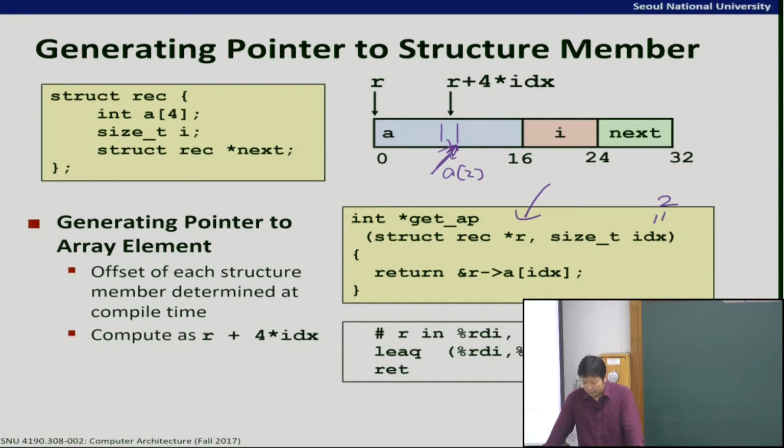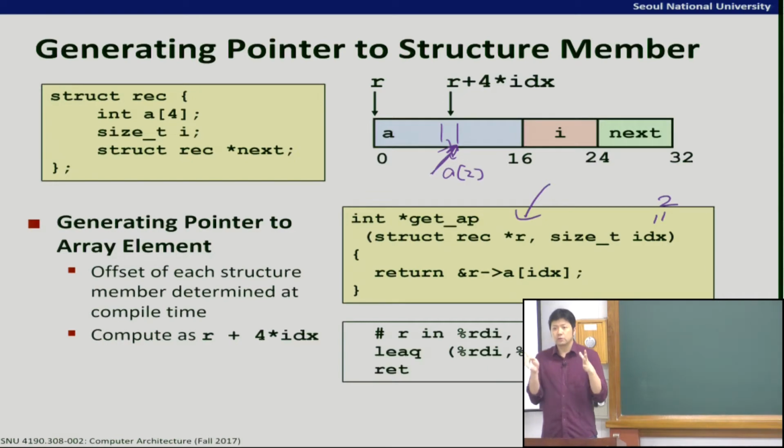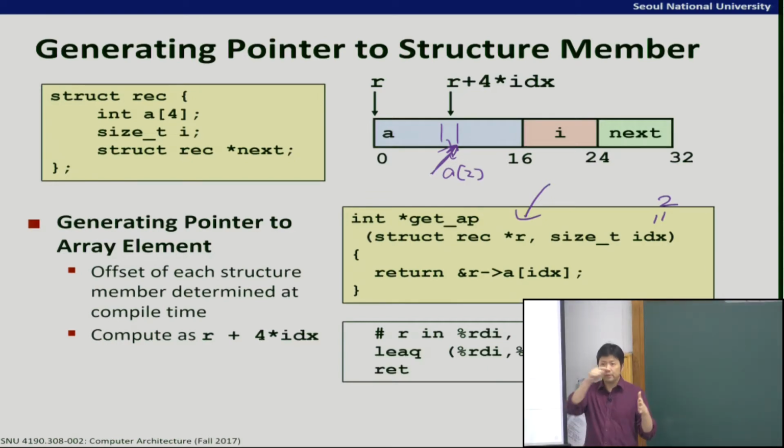Because the integer array is the first field, it will be placed at the top of the struct, and an individual integer value takes 4 bytes. If you want to access, for example, the second element in the array, you have to multiply the offset. The starting address will be +8 from the beginning of the struct, right? So that's what it computes.